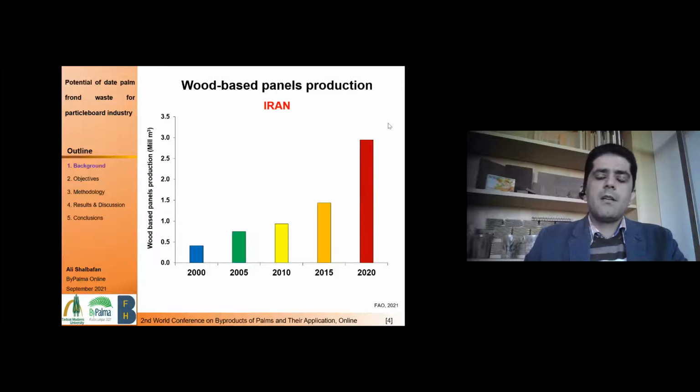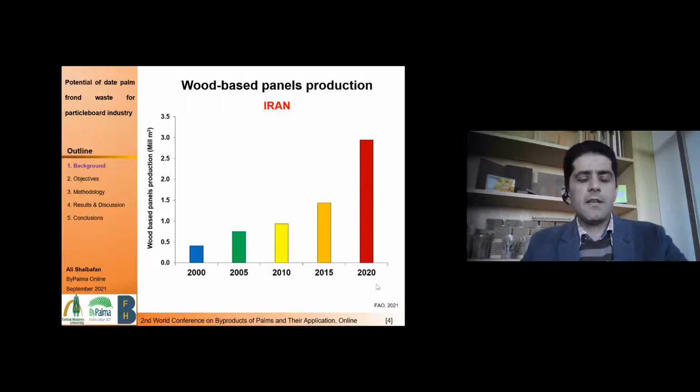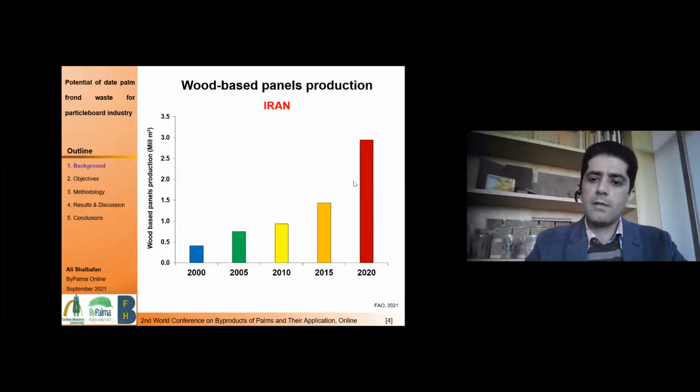More or less the same trend can also be observed in Iran. The whole wood-based panel production in Iran was about 400,000 cubic meters in 2000, which increased to more than 3 million cubic meters in 2020. The main important finding is that the increasing rate was really high only during recent years.